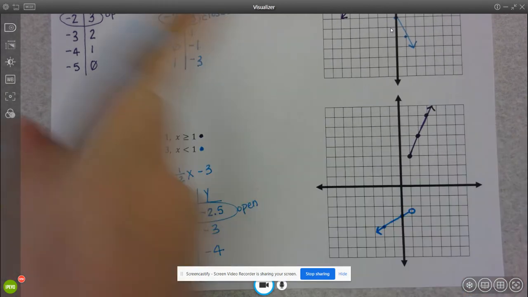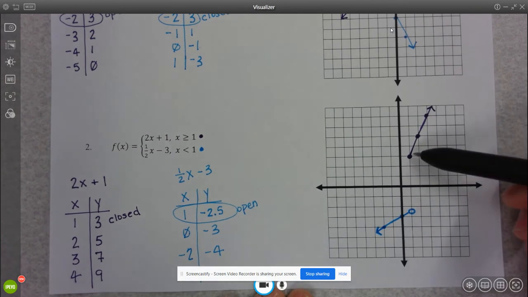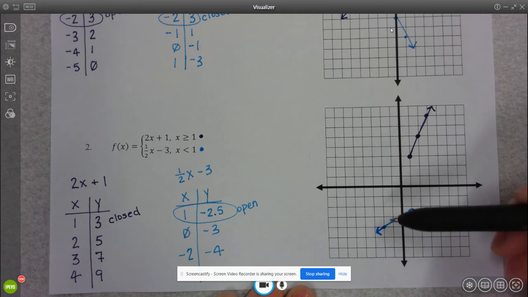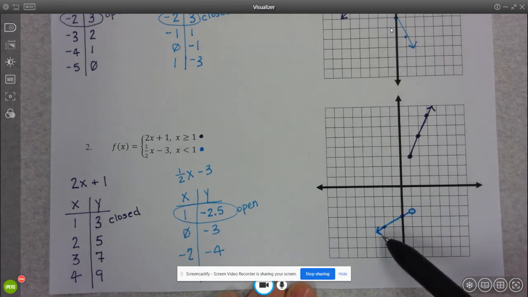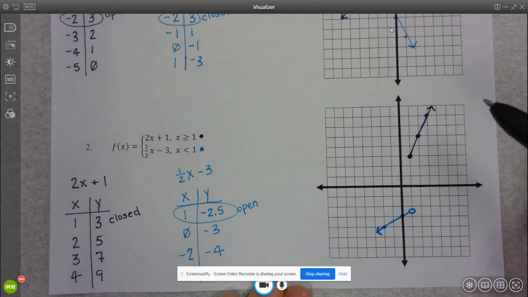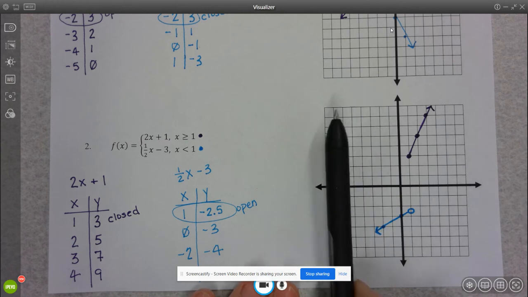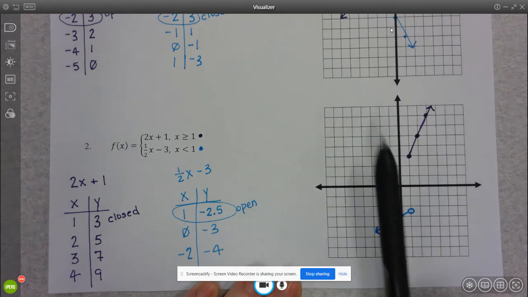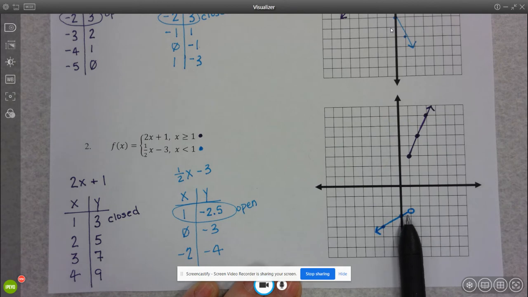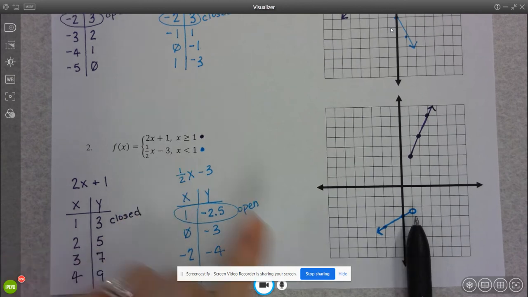So this graph is wildly different than our previous graph because it is discontinuous. I have a chunk down here, and if I was tracing it, I'd have to pick up my pencil and start again over here. Is this a function? Well, I'm traveling along and I'm owned by the blue function here, the 1/2 x minus 3.